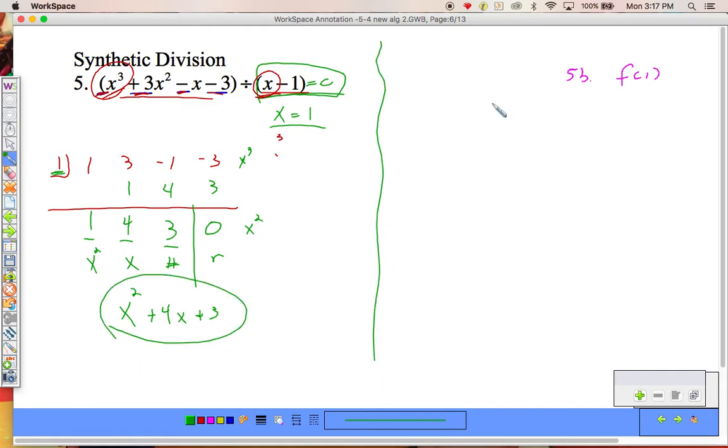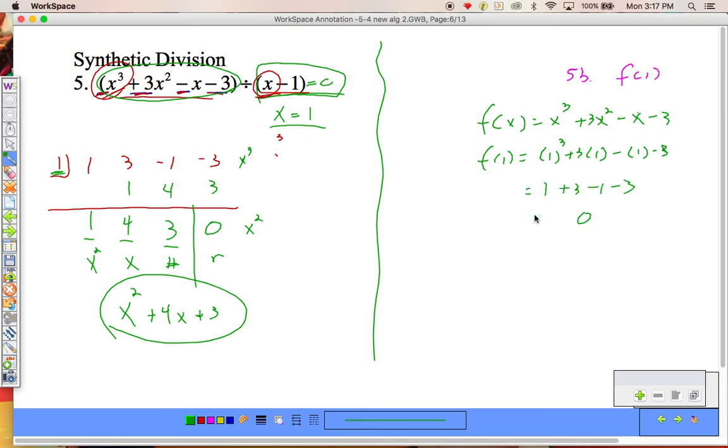All right, over here. F of x is x to the third plus 3x squared minus x minus 3, which is this. All right, I'm going to find f of 1. So we get 1 plus 3 minus 1 minus 3, which is 0.